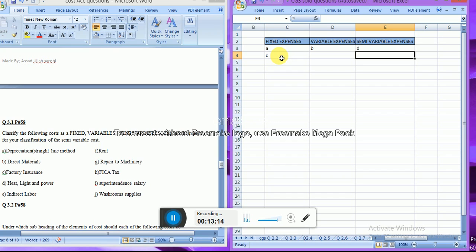So their wage rate is fixed, and if they work for more hours, their wage cost will be higher. And if indirect labor works for fewer hours, their wages will be lower. So indirect labor also has both qualities, fixed and variable. That's why this is semi-variable.